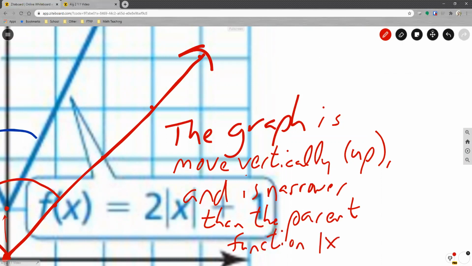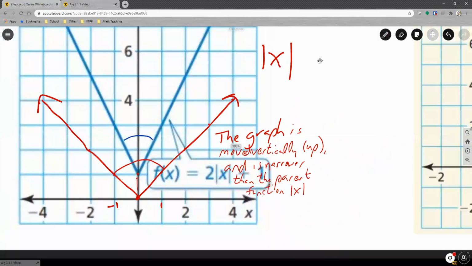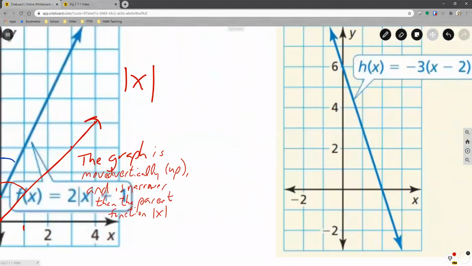Remember, our parent function is the absolute value of x. I forgot a D there, moved vertically up. So that's a basic description of what's happening in this first one.